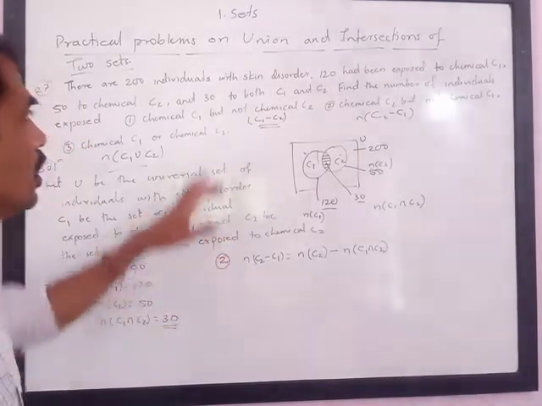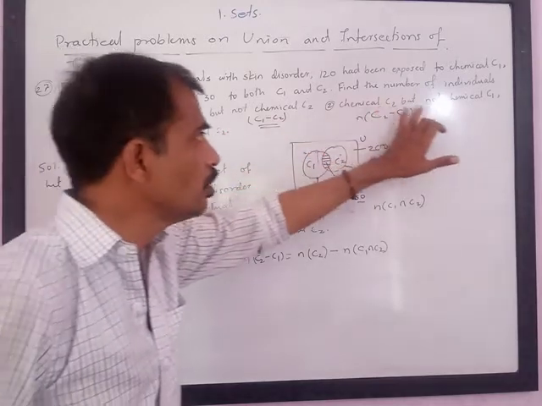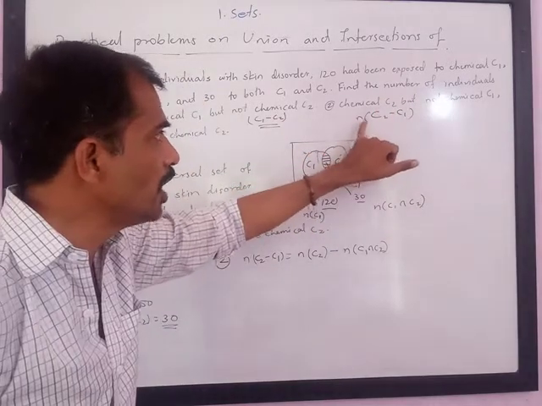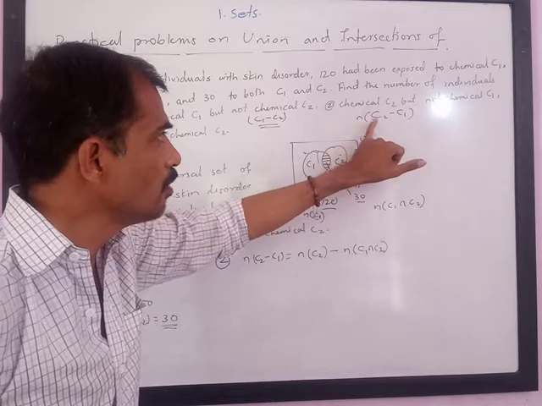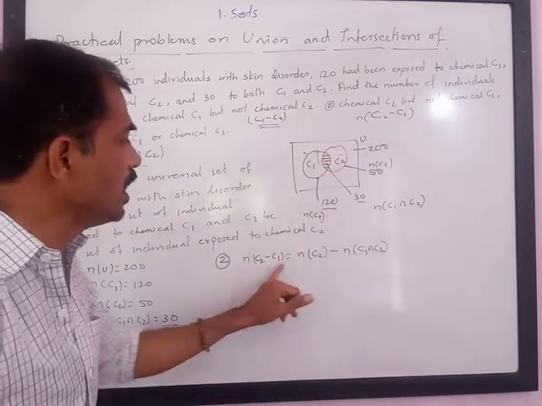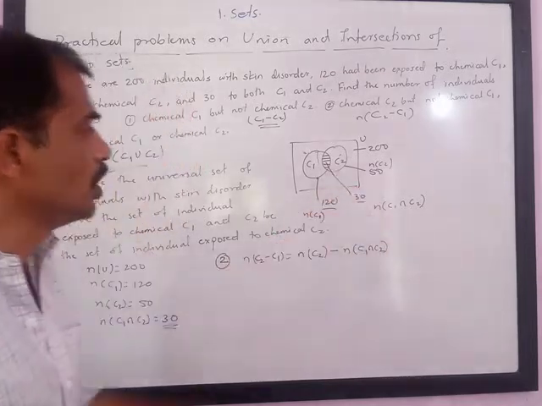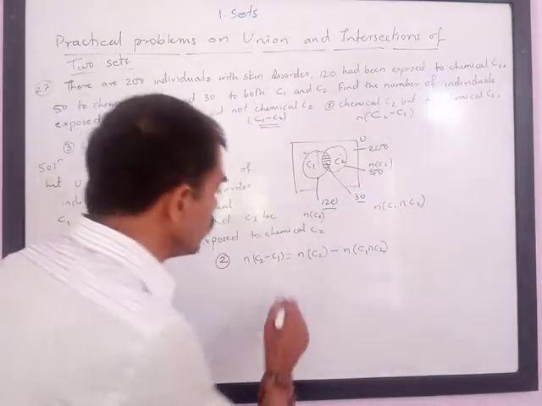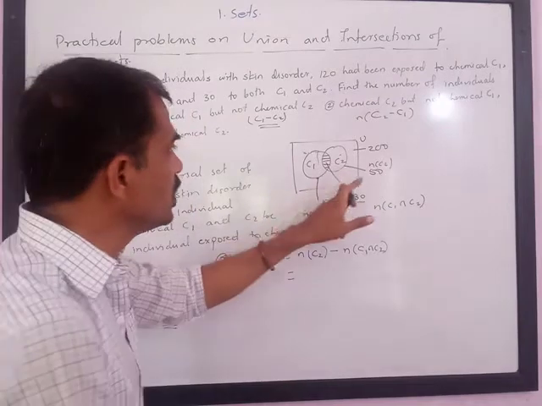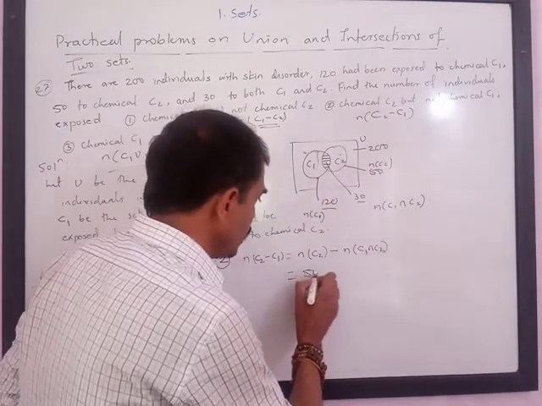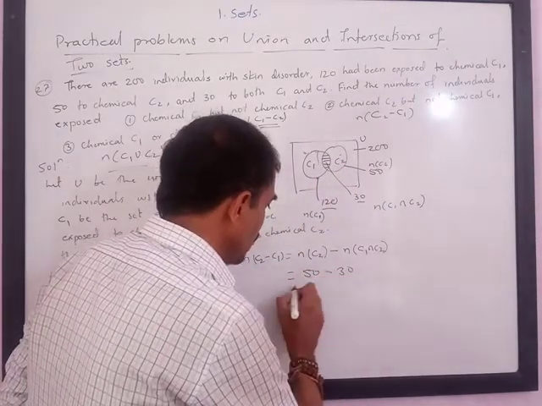Second question. Exposed to chemical C2 but not to chemical C1 means we have to find the number of C2 minus C1. So the number of C2 minus C1 is equal to the number of C2 minus the number of C1 intersection C2. So this is equal to 50 minus 30, that is equal to 20.